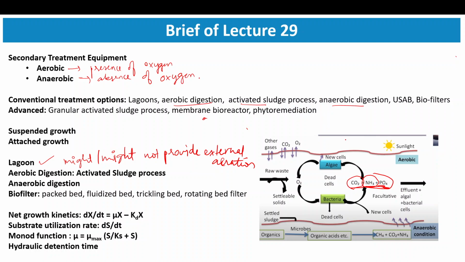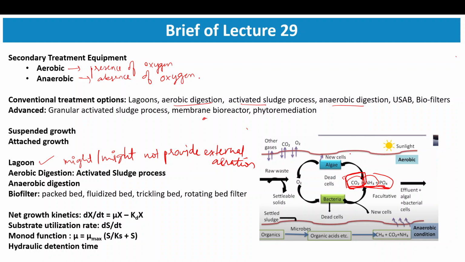Now this carbon dioxide, so this is a kind of cyclic process. The carbon dioxide is taken by the algae which are present. Those algae take up carbon dioxide, multiply and further release oxygen.